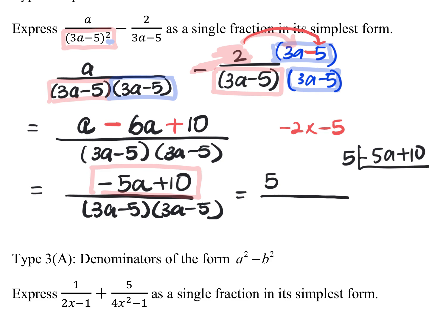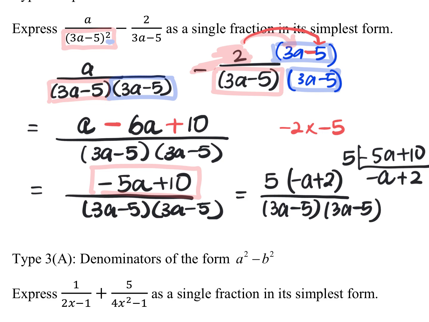Negative 5a divided by 5 will give me negative a, and 10 divided by 5 will give me positive 2. Then I'll put it in bracket, negative a plus 2, over 3a minus 5, 3a minus 5. Did you get your answer?